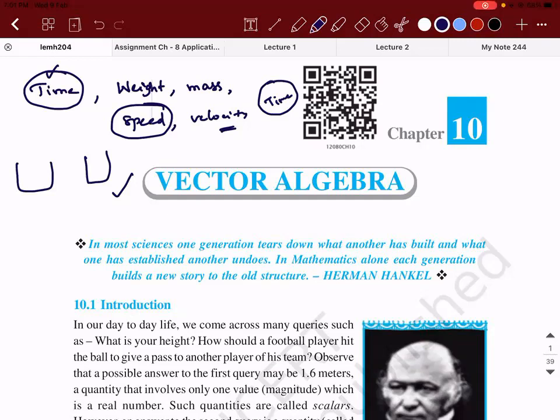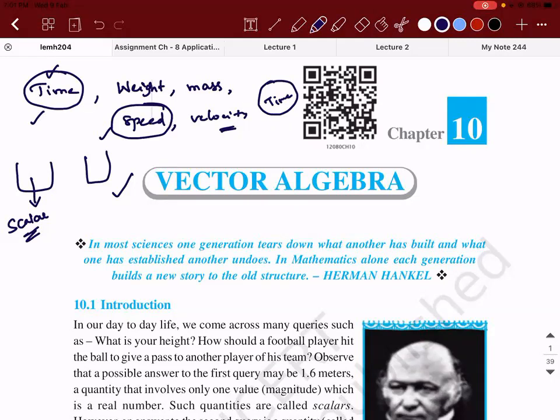You never mention direction associated with it, right? So these kind of quantities which have numbers associated with it, that is, numbers are technically called as magnitudes. Okay, quantities which have only magnitude, but we are not concerned about direction, are called as what quantities, guys? They're called as scalar quantities.